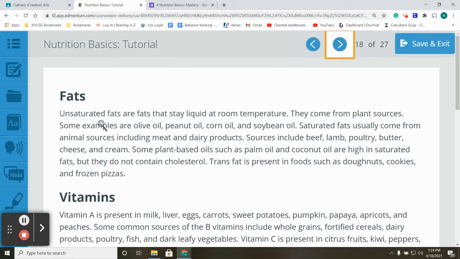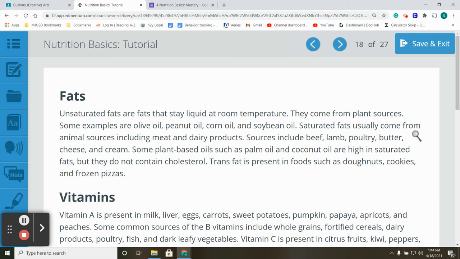Fats. Unsaturated fats are fats that stay liquid at room temperature. They come from plant sources. Some examples are olive oil, peanut oil, corn oil, and soybean oil.